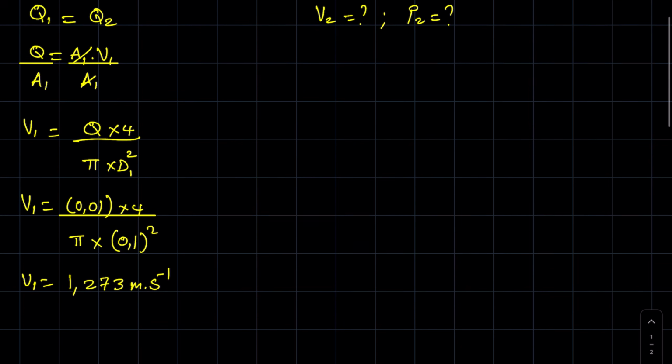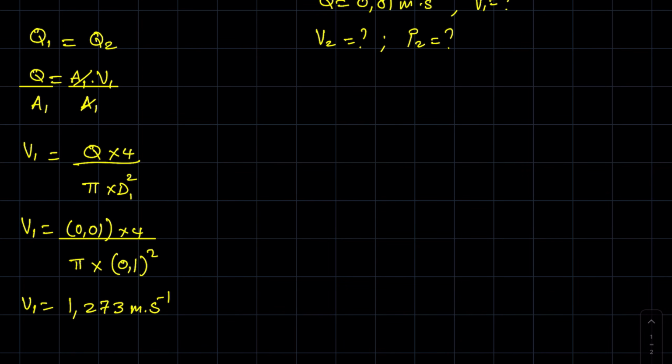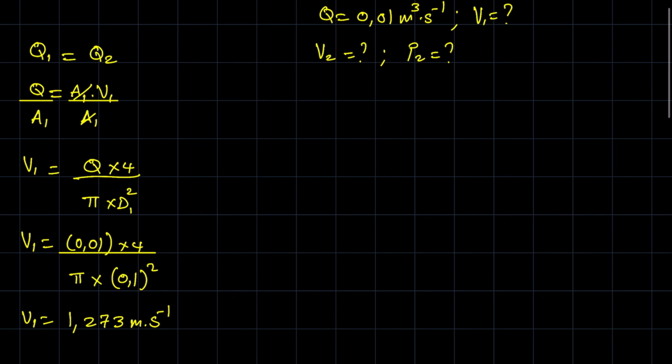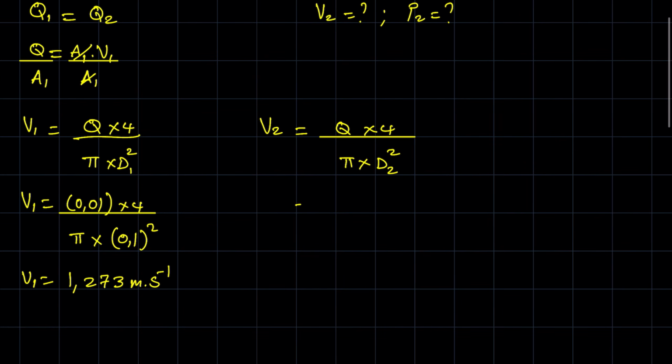Now in calculating V2, we're going to use the very same formula, because as we've established, the flow rate is the same throughout the fluid's motion. So essentially for V2 we are going to do the same. V2 will be equal to Q times 4 over pi times d2 squared.